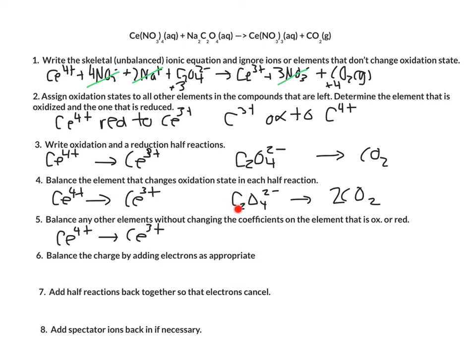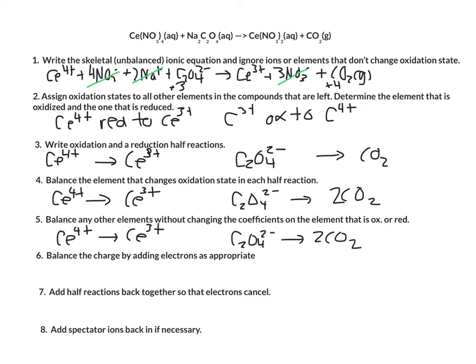So we have 2 carbons, 4 oxygens, 1, 2, 3, 4. Each CO2 has 2, and we have 2 CO2, so we have a total of 4 oxygens on the product side. So actually, the oxygens are balanced already. C2O4 2- goes to 2 CO2.